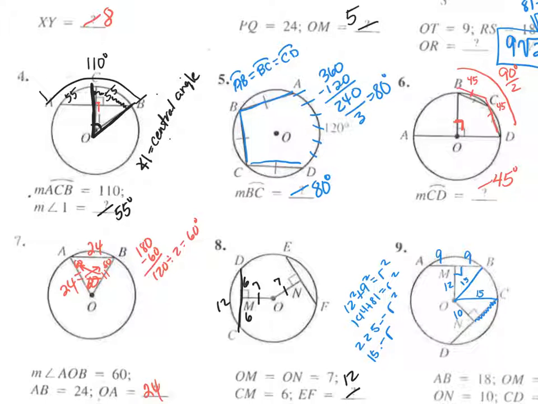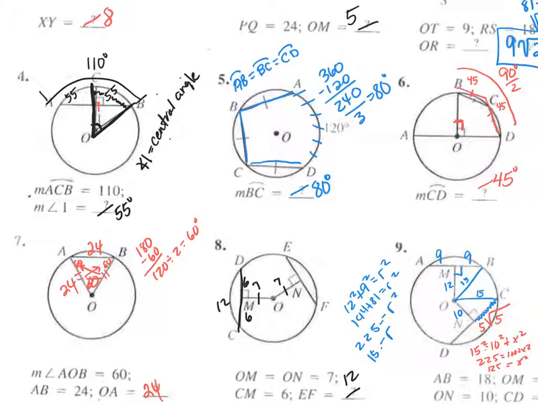So I would now say 15 squared, since it's the hypotenuse, it goes by itself. Okay, x squared is 125, so x is going to be the square root of 125, which is 25 times 5, so 5 root 5.